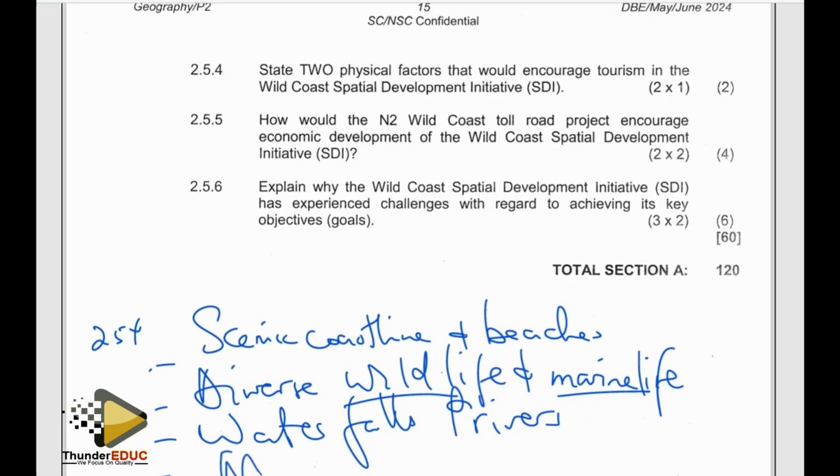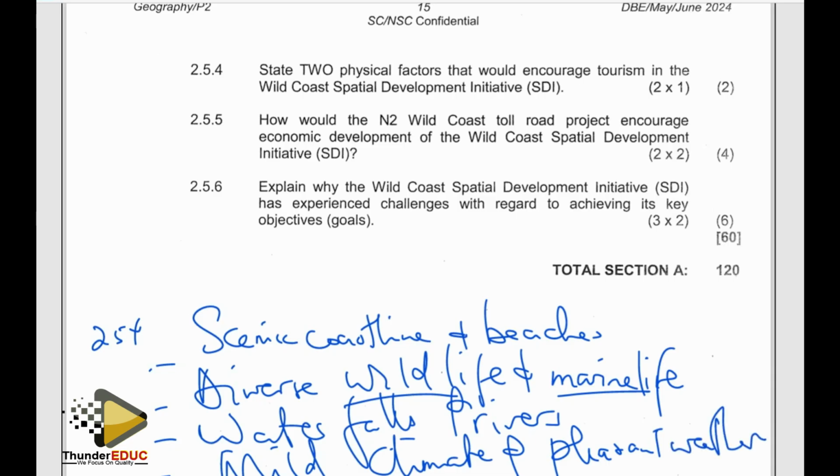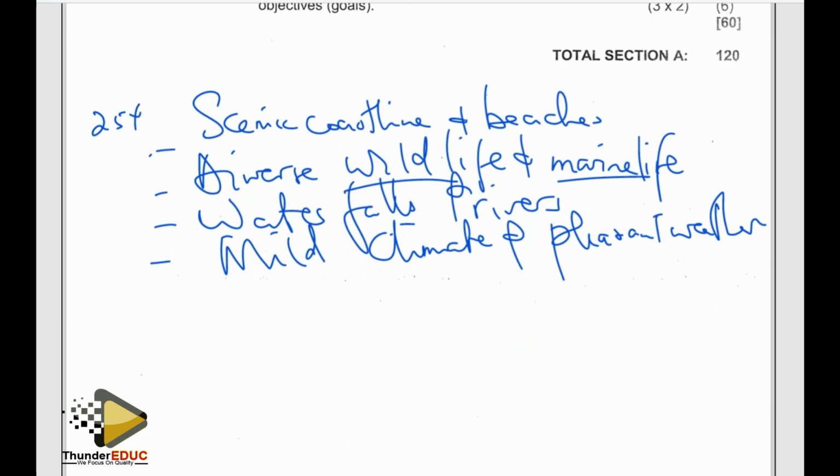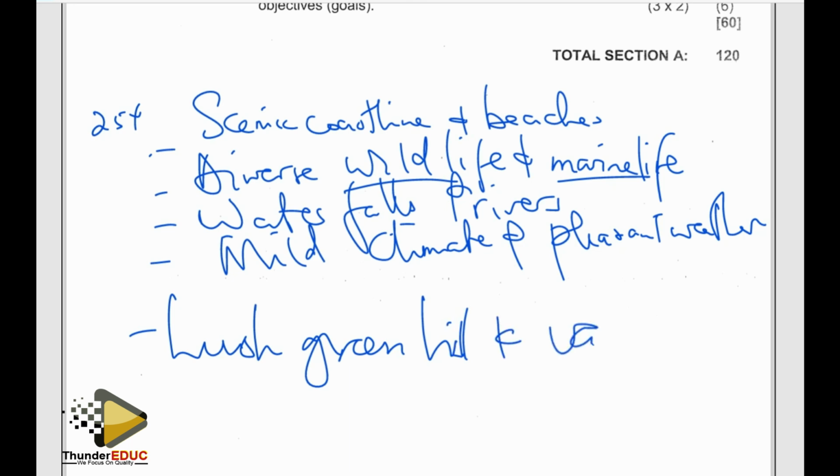And also, if you check the climatic conditions, we have a mild climate in the area, and we usually have pleasant weather in most instances. So it's an attraction to the tourists. And also, besides such, you can also talk of the lush green hills in the area and valleys.